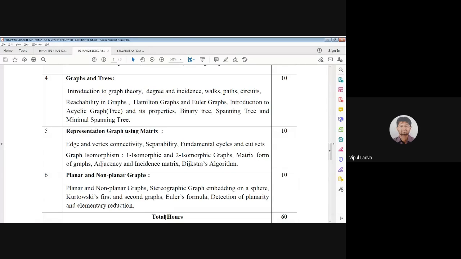In the fifth unit, we will be dealing with the matrix representation of graphs. We can represent a graph using matrices.